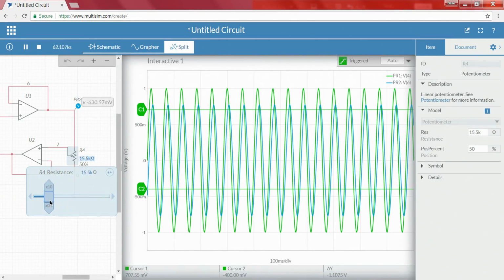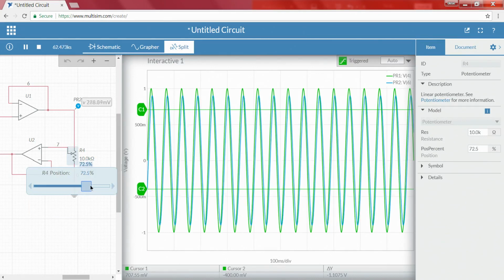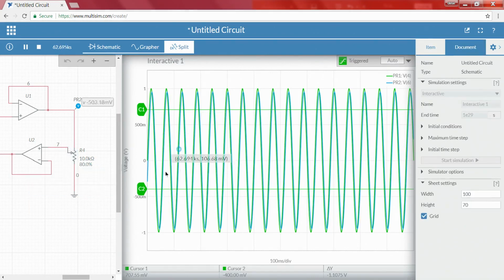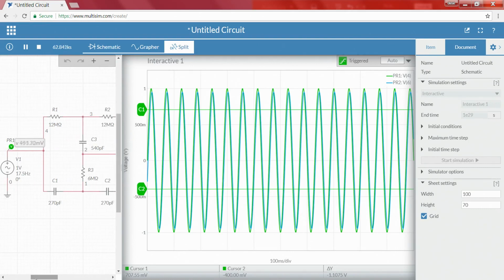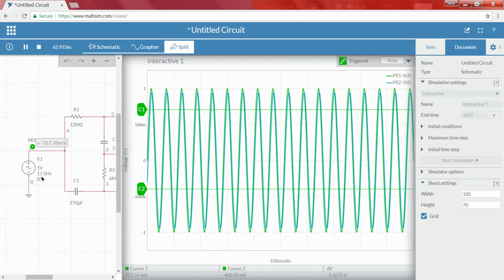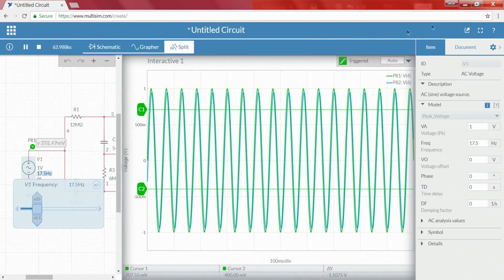Sorry, this should be 10 kilo, and let me change this value. If we observe, how much narrow band we require, we can select by using this particular pot.